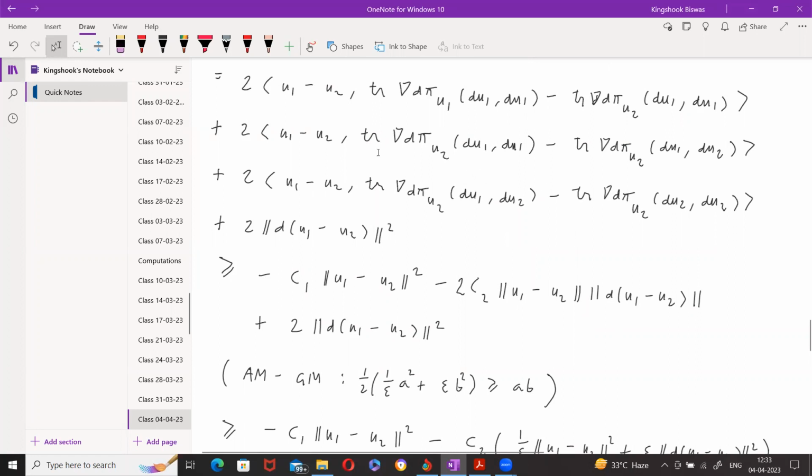So look, the norm u1 minus u2 is coming from here, and Cauchy-Schwarz. These two terms, nabla d pi is being evaluated at u2, u2. So this is the same bilinear map. The only difference is du1, du1, and here du1, du2. So you'll get du1, comma, du1 minus u2, norm du1 minus u2. That's it. And similarly for this other term.